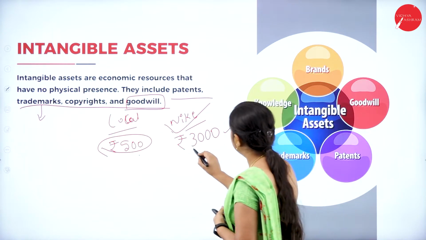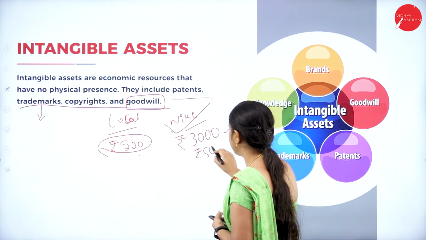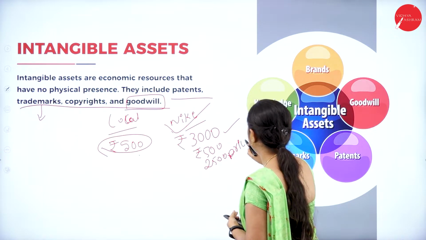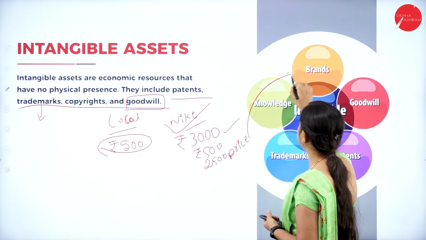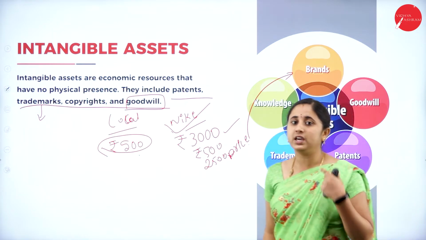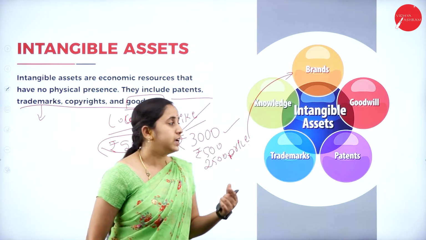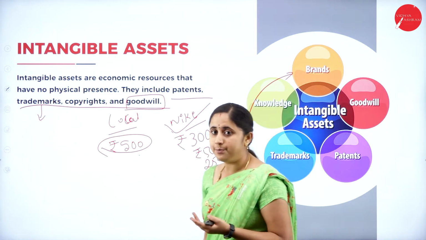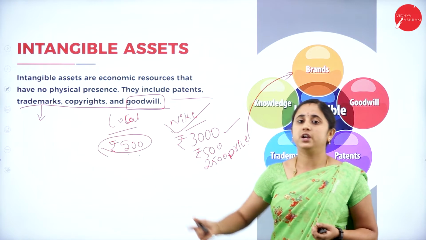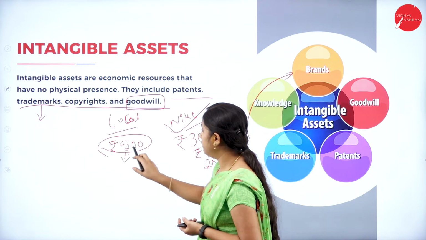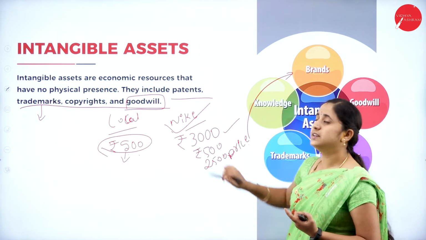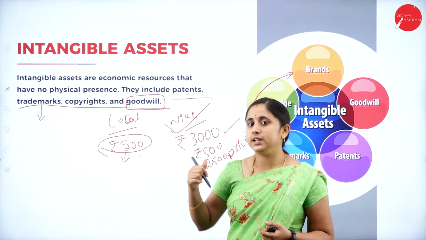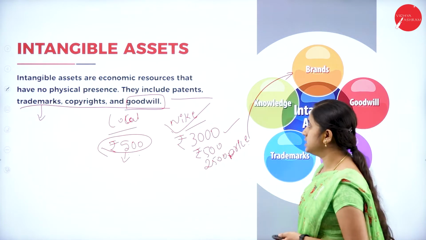So the value of the product is 500. The remaining price is for the brand name or the goodwill of the company. So goodwill adds value for your business. They are not ready to pay more than 500 for the local product because it's not branded. So the brand name or the goodwill adds value for your business.